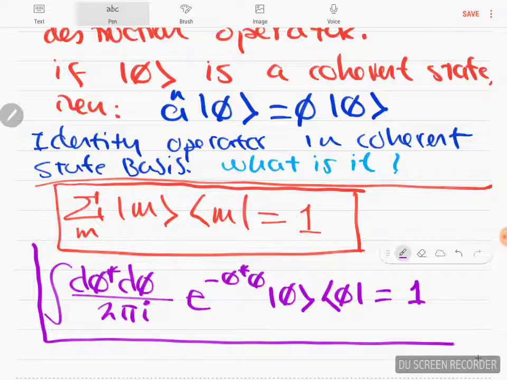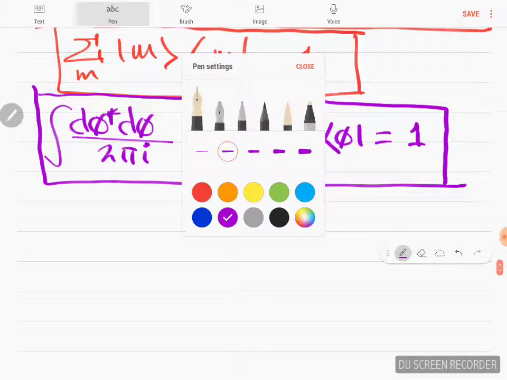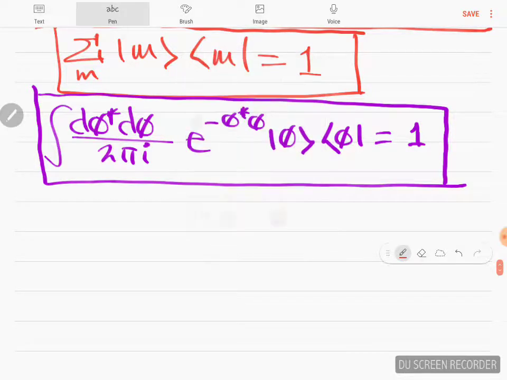So we want to know if this is true or not, if we can comply with this resolution of identity. For such a task, we will start by defining what these are. What is this?